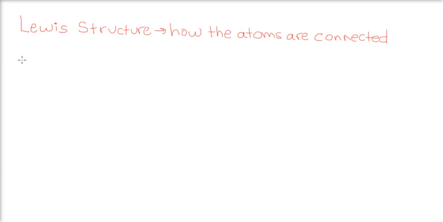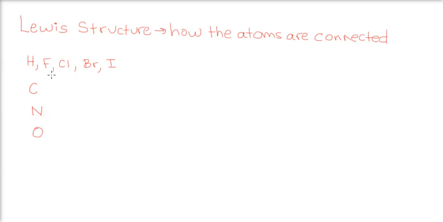So the elements we're going to be dealing with are hydrogen, our halogens, fluorine, chlorine, bromine, and iodine. And then of course you can't have organic chemistry without the element carbon and the other elements in the second period that are most important are nitrogen and oxygen.